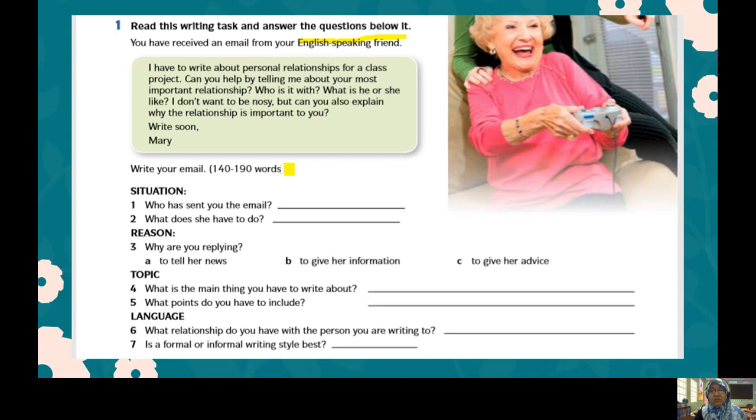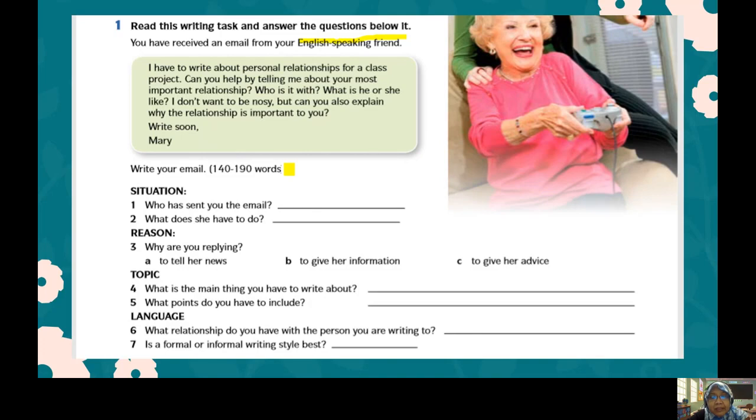Before you start writing or typing your email, you have to understand a few questions. Always ask this, always complete the information needed here. Firstly, the first question: who has sent you the email?